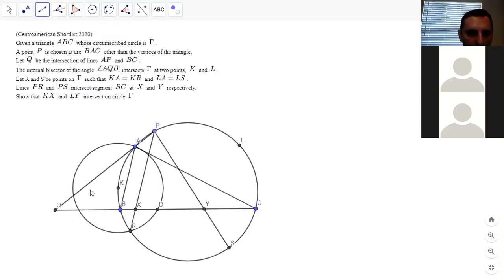And we know that KL is perpendicular to AD, because K lies on the angle bisector. So KALD is a kite. So LA equals LD. I agree with that.